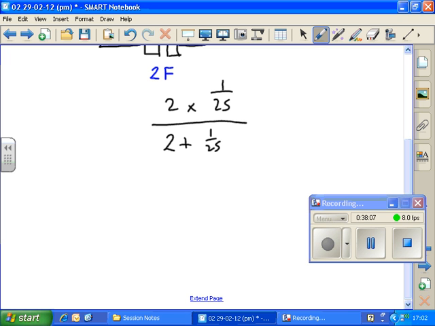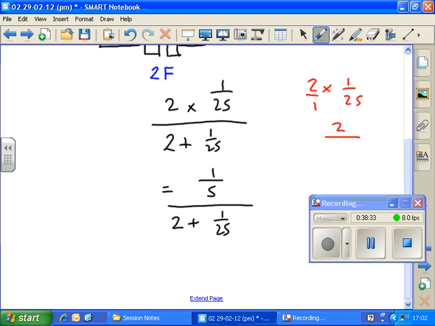So this step, 2 times 1 over 2s is the same as 2 over 2s, which is the same as 1 over s. 1 over s over 2 plus 1 over 2s. 2 times 1 over 2s is the same as 2 over 1 times 1 over 2s. So 2 times 1 is 2, over 1 times 2s is 2s.